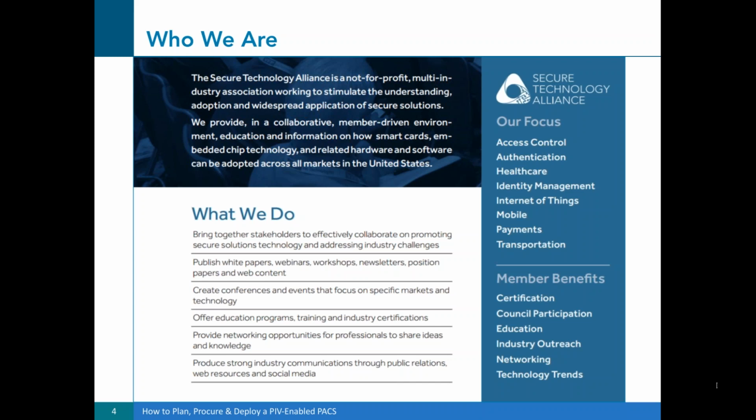And as a cross-industry member-supported organization, we do many of the following things to bring our industry together, including bringing stakeholders to effectively collaborate on promoting secure solutions, technology, and addressing industry challenges.